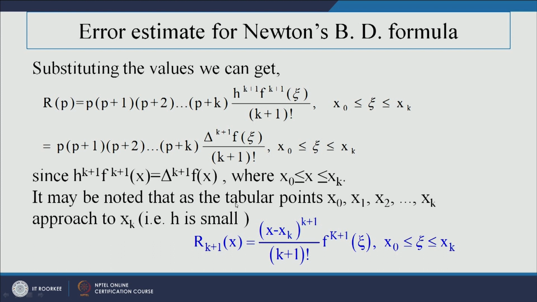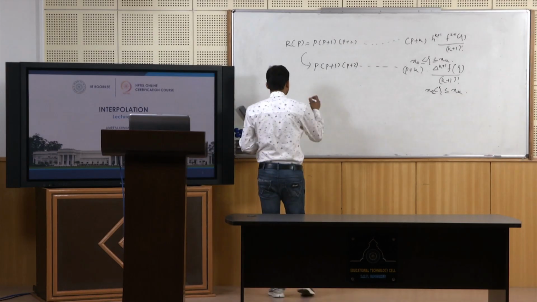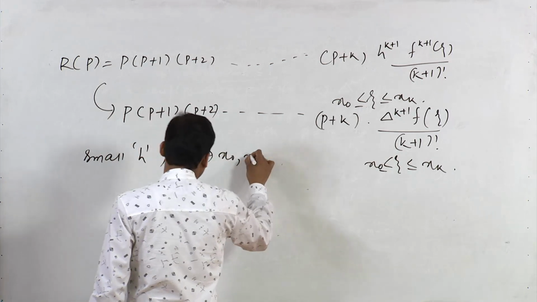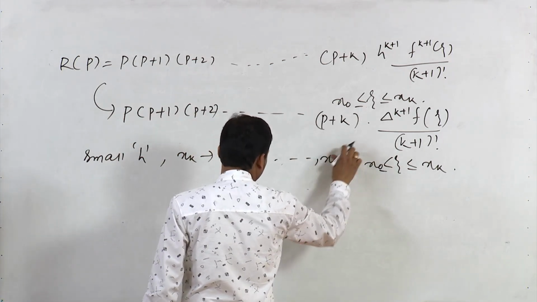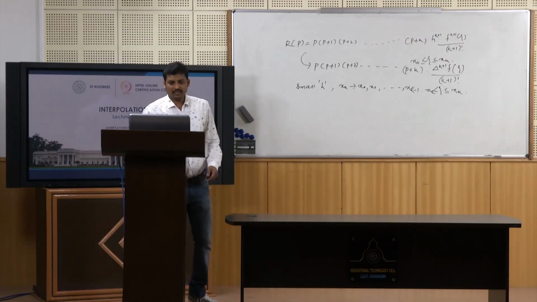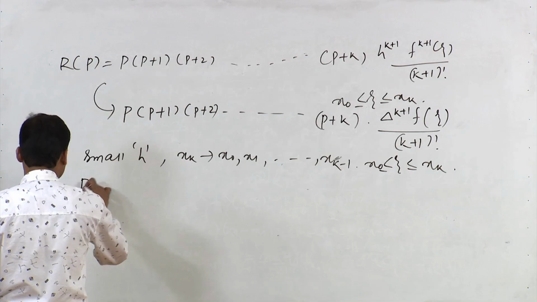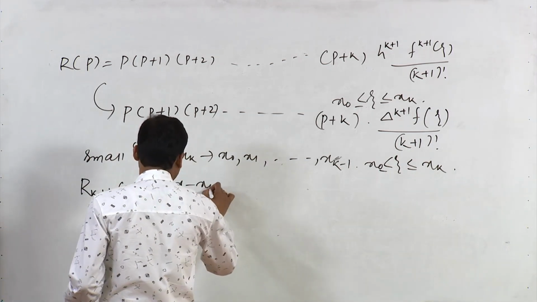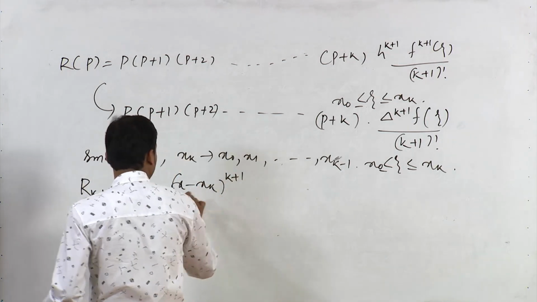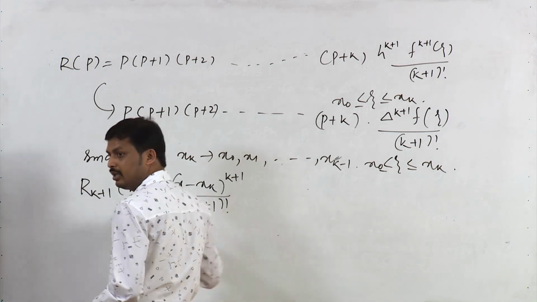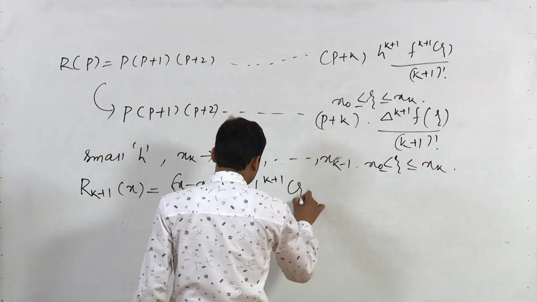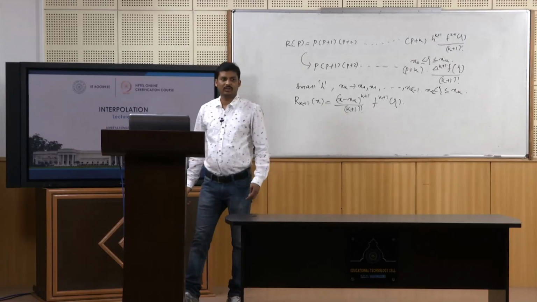Then if we write all these tabular points approaching the point xk for small h, with xk approaching x0, x1 up to xk minus 1, we can say that R of k plus 1 of x can be represented as (x minus xk) whole to the power k plus 1 divided by k plus 1 factorial and f to the power k plus 1 of zeta, where zeta lies between x0 and xk.